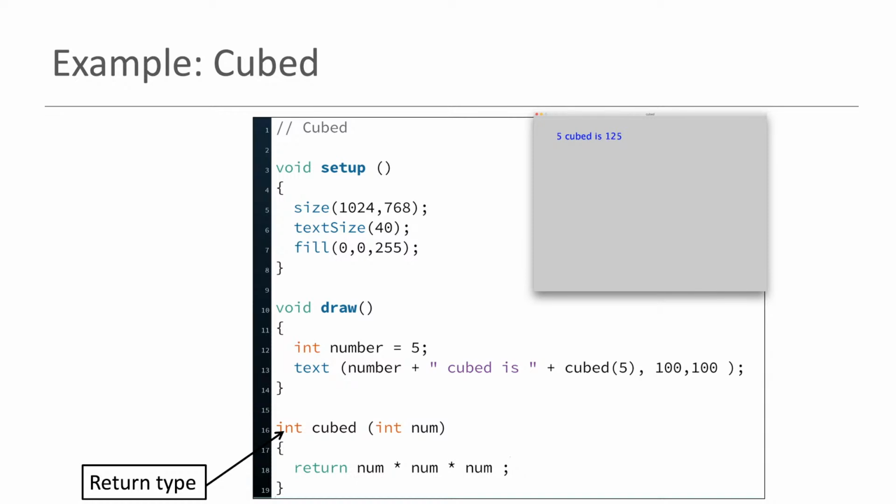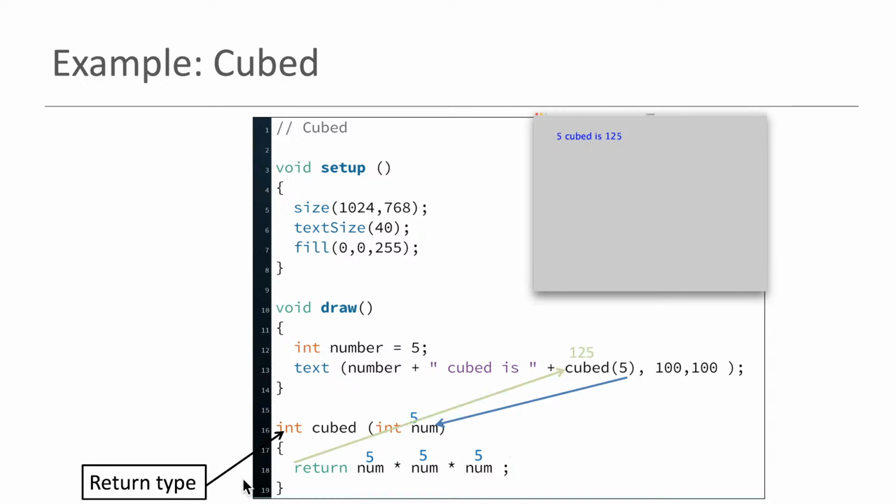Okay, so again, we have the return type. We have the parameter num. And when we call it from here, we are calling cubed 5, so we're passing 5 in to the method, and then that 5 is going to be used to calculate the result. So it's 5 by 5 by 5, which works out to be 125, and 125 is what's returned.